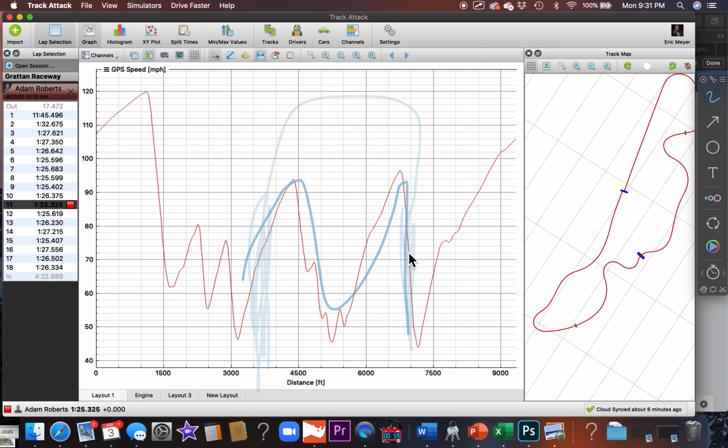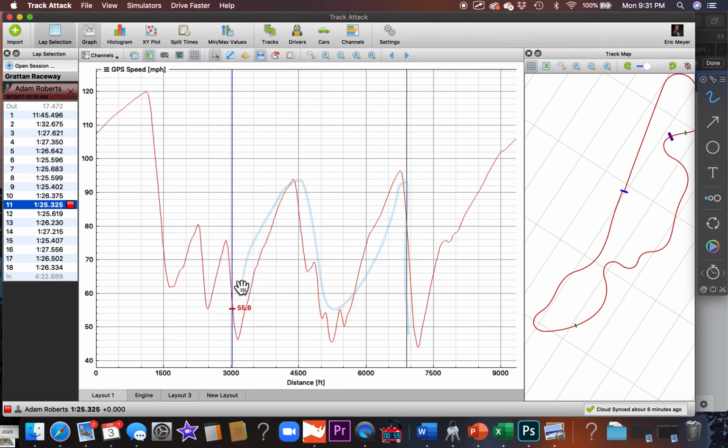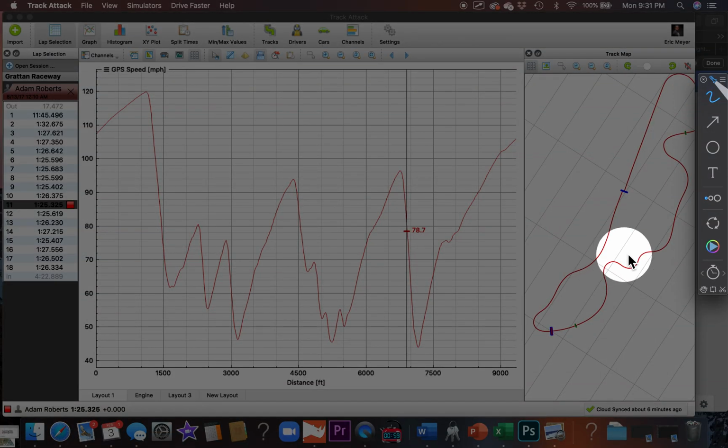What I'm going to do is take this cursor right here and say, oh, okay. Now you're looking over at the track map right over here. I want you to look over here and right here, okay? So I'm going to put the cursor right here, and I want you to look right here. And I'm going to move it all the way down to here, okay?